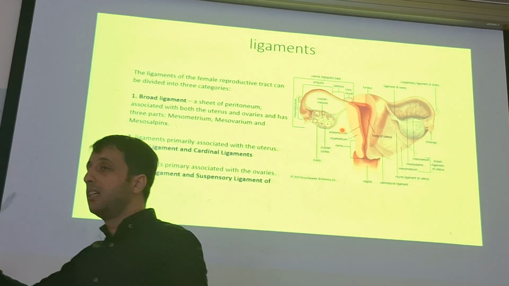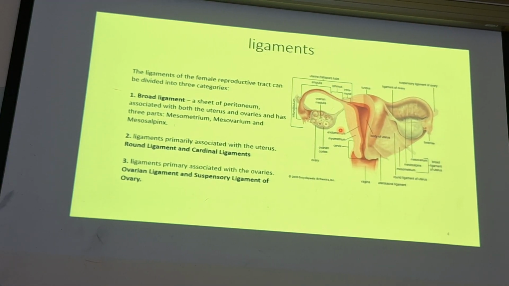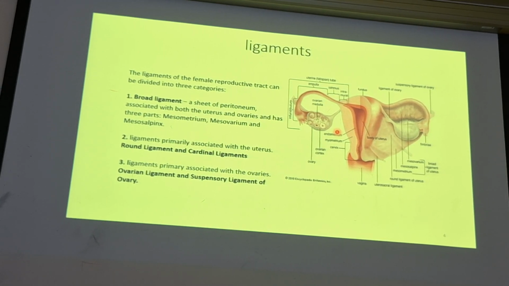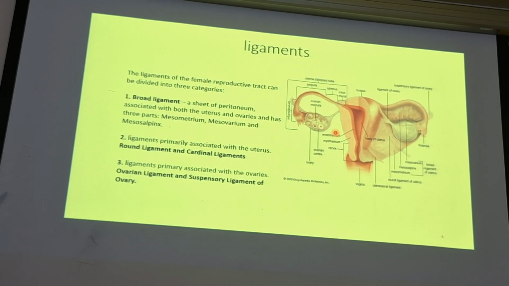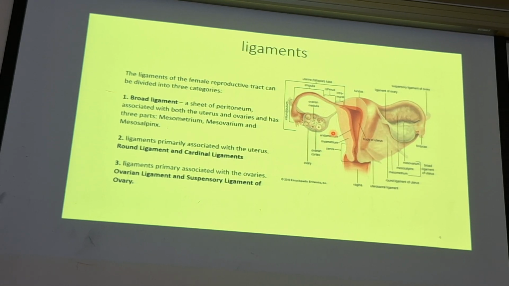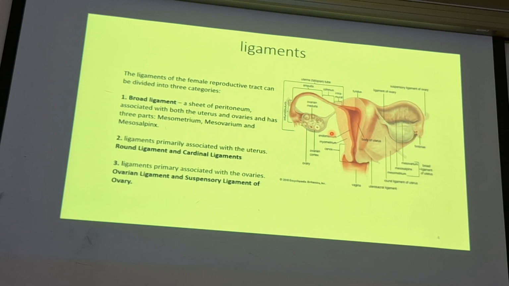It is not a peritoneal ligament. It is a fibromuscular ligament which attaches the inferior pole of the ovary to the lateral side of the uterus. It is named the ligament of the ovary. Another ligament.